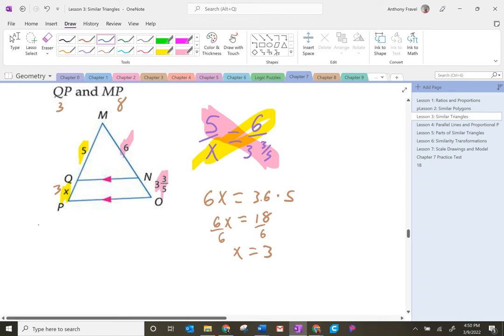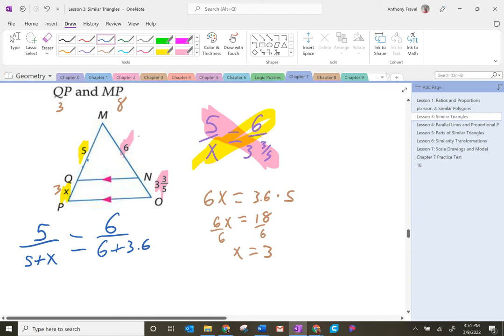Okay. So when I did the triangles up top before, again, it would be 5 over 5 plus x. Because again, I'm going to add this whole entire side together, equals 6 over 6 plus, and again, I'm going to say 3.6 just so I have easier numbers to work with.